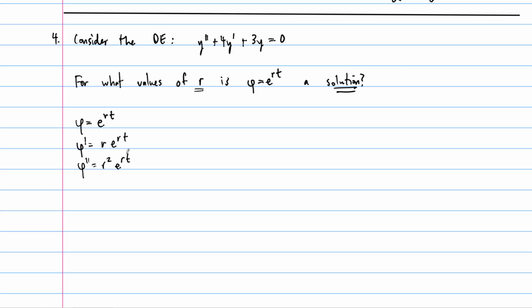R is just a number, so the derivatives are pretty straightforward. And then when we plug these into our differential equation, we get r squared e to the rt plus 4r e to the rt plus 3 e to the rt, and that's got to equal 0. We want this to equal 0. Now, what we notice is that these terms can all be factored out, e to the rt, and this will leave us with this equation.